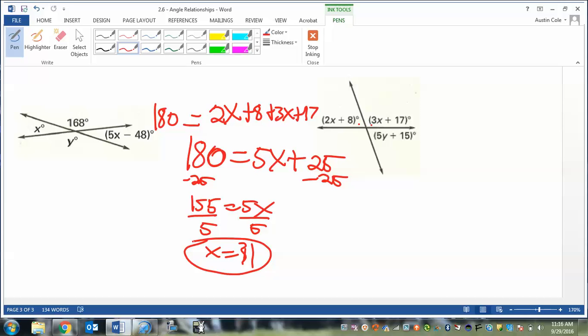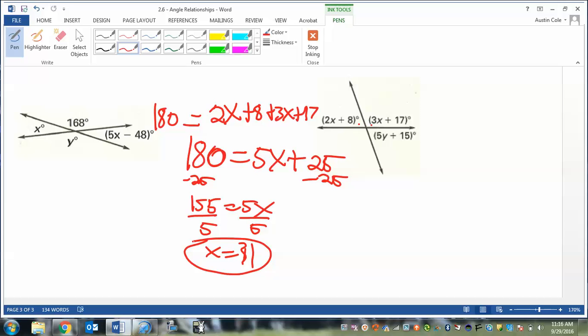Christopher, what do you think? For how do we find y? Well, we can't really find it so quickly. We have to find x first.